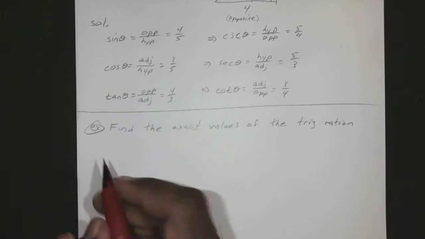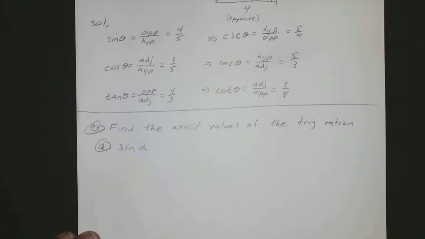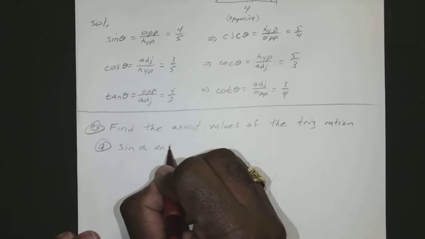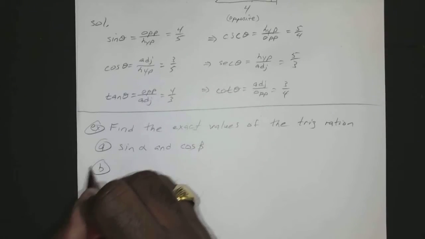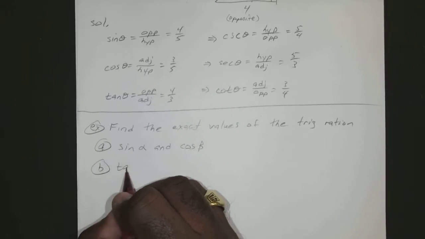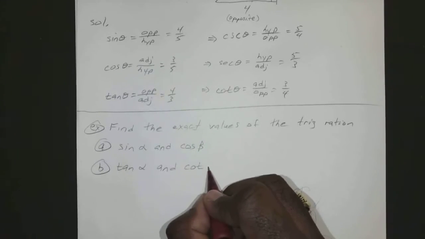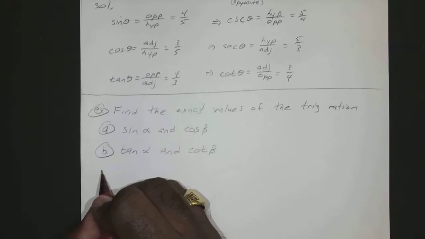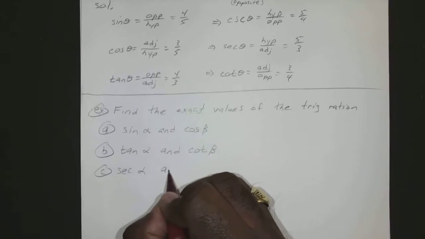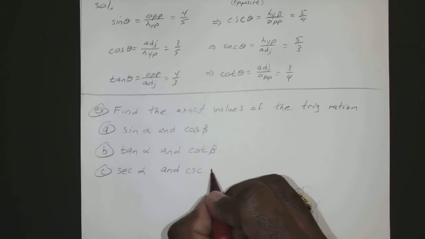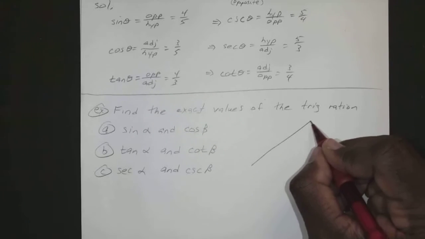For problem A, sine of alpha and cosine of beta. For problem B, tangent of alpha and cotangent of beta. And for problem C, secant of alpha and cosecant of beta. Okay, and we're going to use the triangle here.